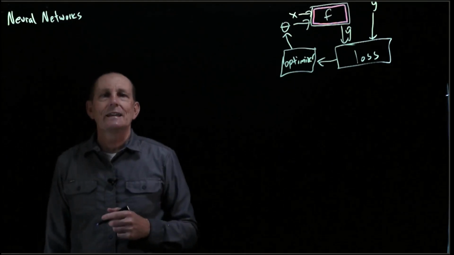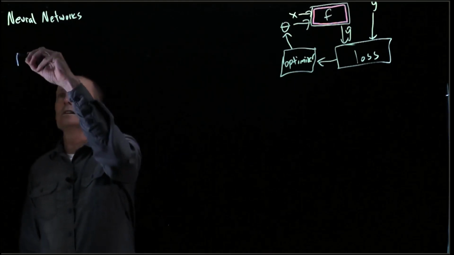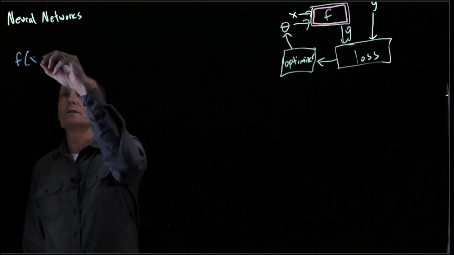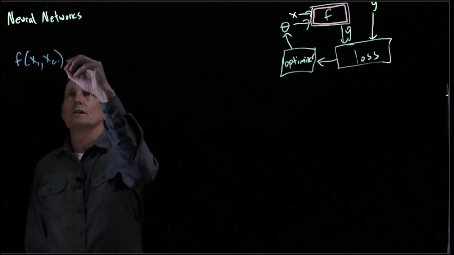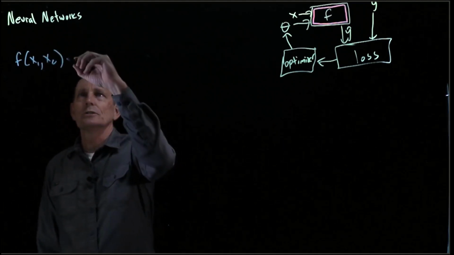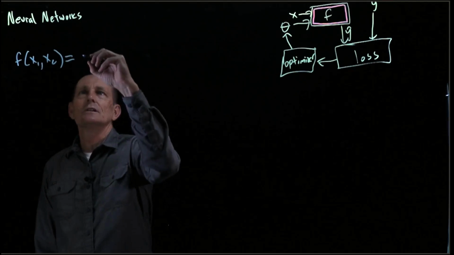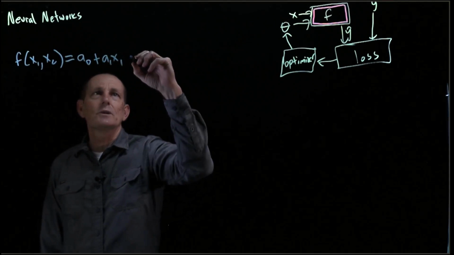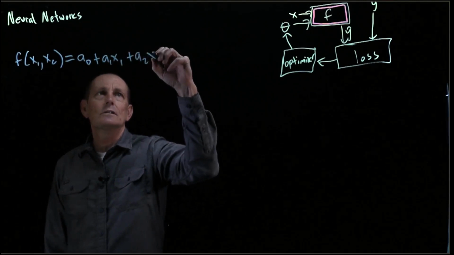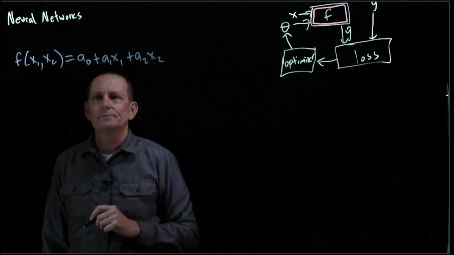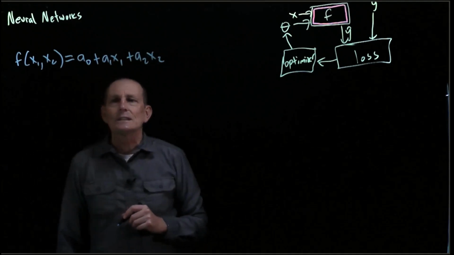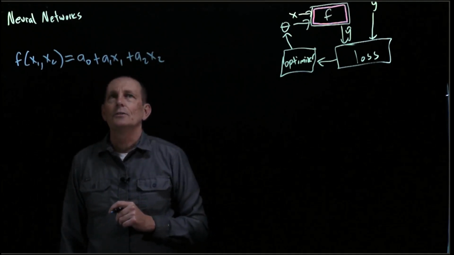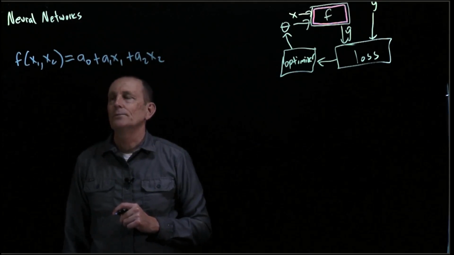Let's look at a simple function of two variables. So we have f of x1, x2 equals a0 plus a1 x1 plus a2 x2. And let's go ahead and rewrite that using matrix multiplication.